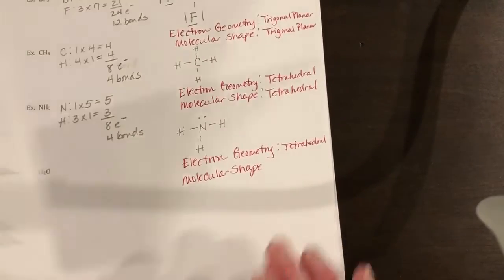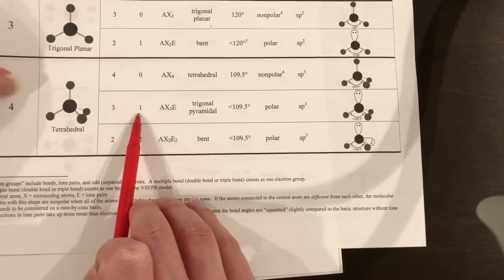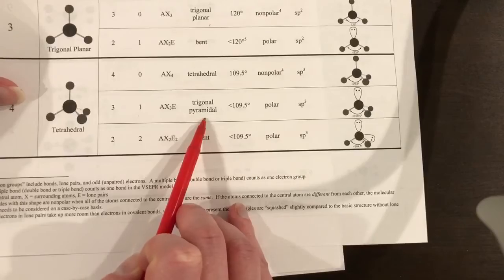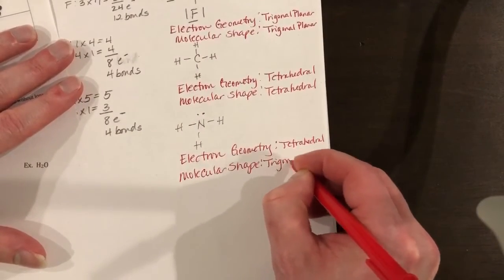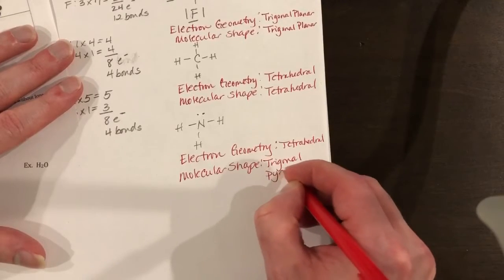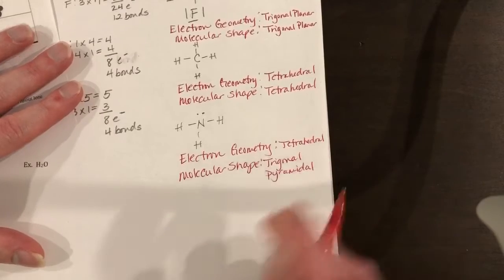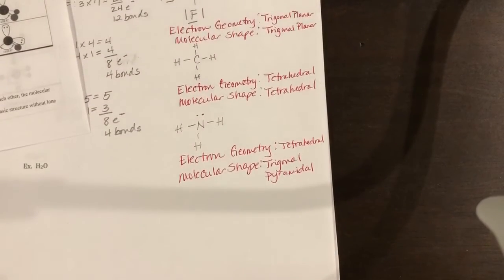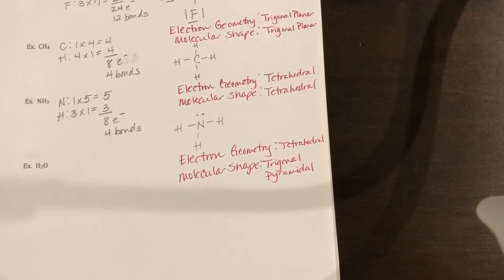Okay, and then we have 3 bonds and 1 lone pair of electrons. So it's going to be trigonal pyramidal. Okay, so you can see how that's going to look, from the diagrams. And if you want to look up 3-dimensional shapes on YouTube or whatever, be my guest.